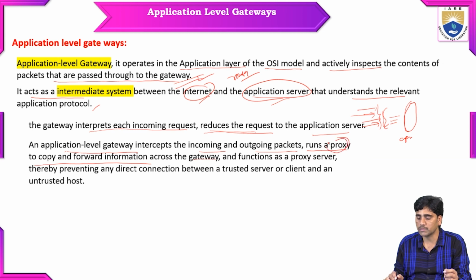It maintains a proxy to store the copied information, process it and forward it across the gateway, and functions as a proxy server, thereby preventing any direct connection between a trusted server or client and an untrusted host.